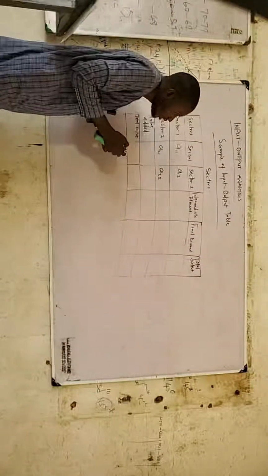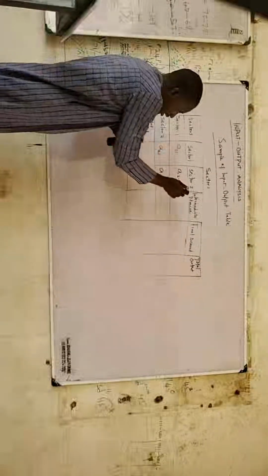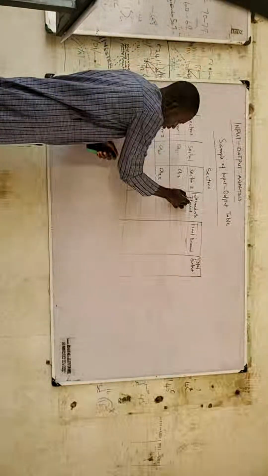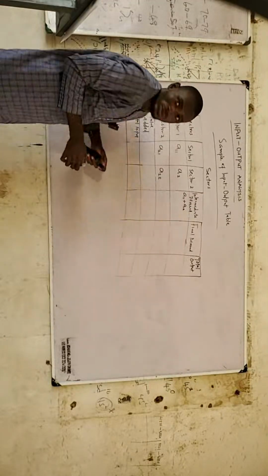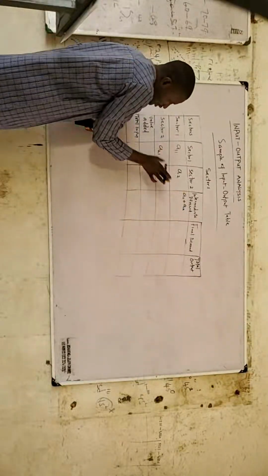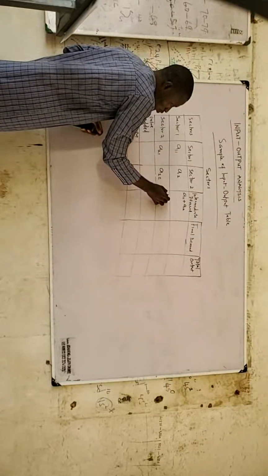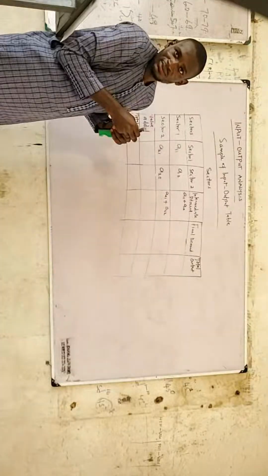Now, the intermediate demand here is the sum of these two. Intermediate demand here is the sum of A1,1 plus A1,2. If you add these two, you will have intermediate demand. If you add these two here, A21 plus A22, you get intermediate demand.